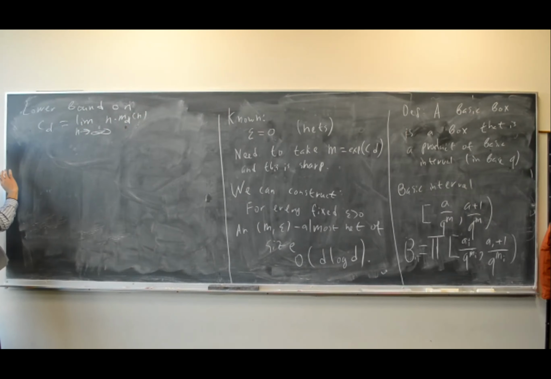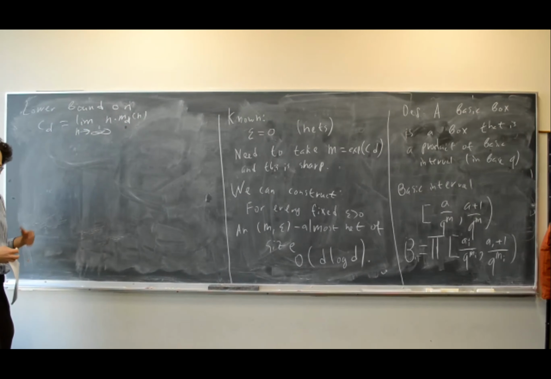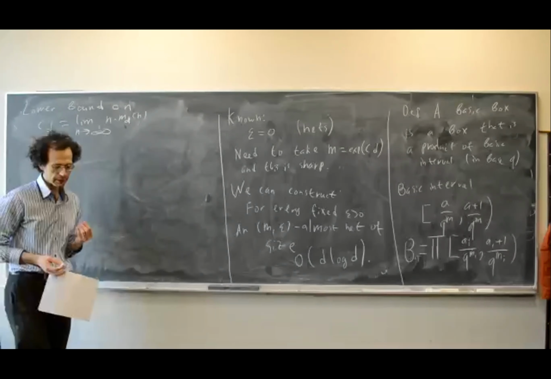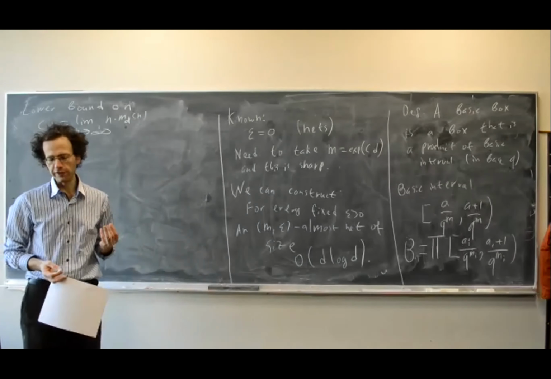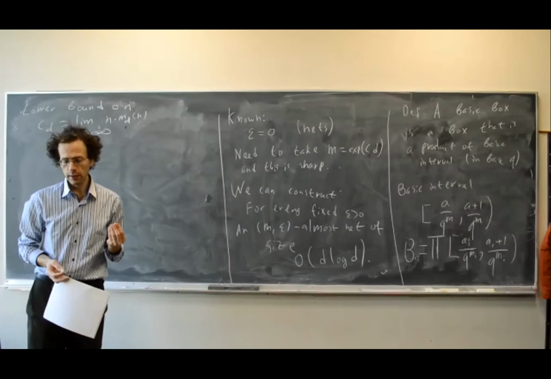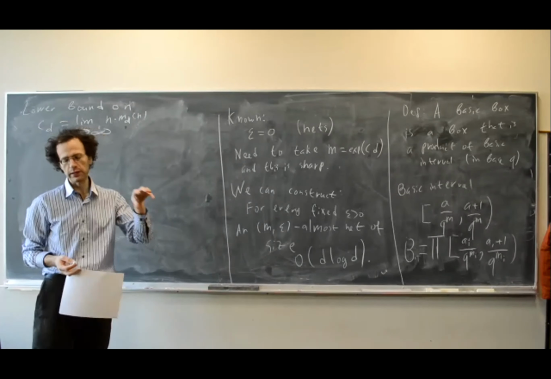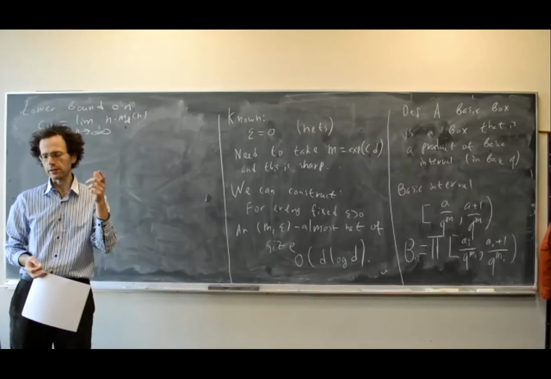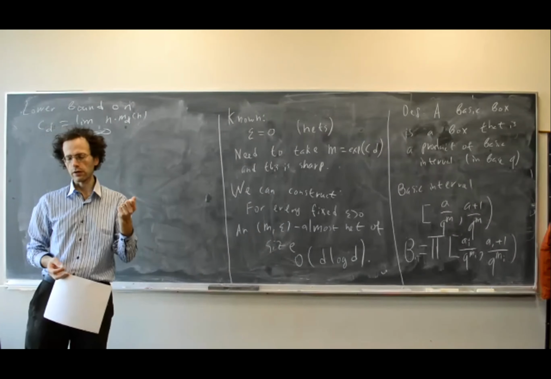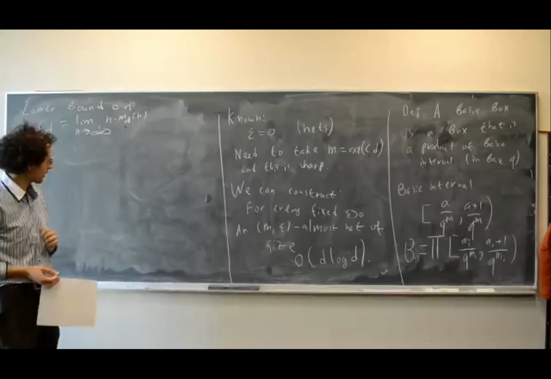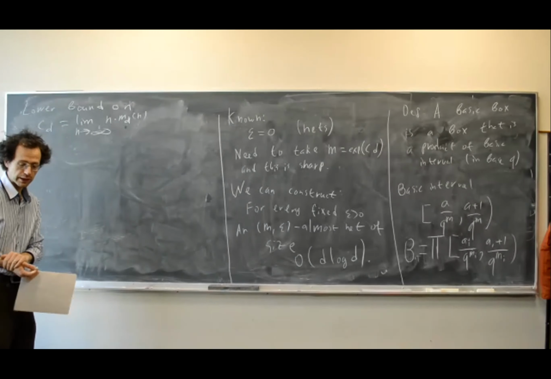I will start with proving a weaker lower bound than I told you. Remember, I told you that we proved a linear lower bound. I will first tell you a proof of a lower bound which is a logarithmic factor worse, but it will be easier to see what the idea is from that proof, and then I will tell you what you need to alter to obtain the bound we actually claim.